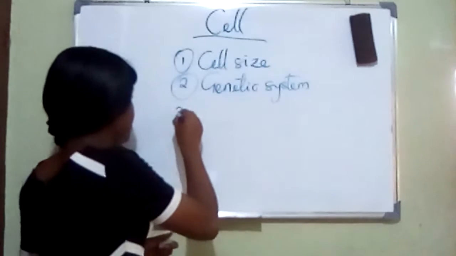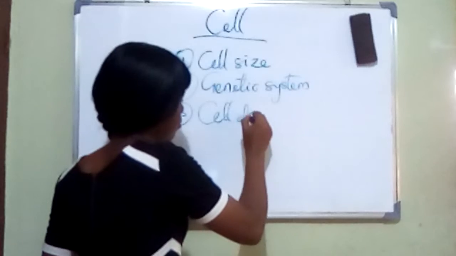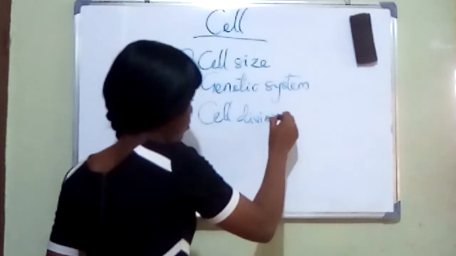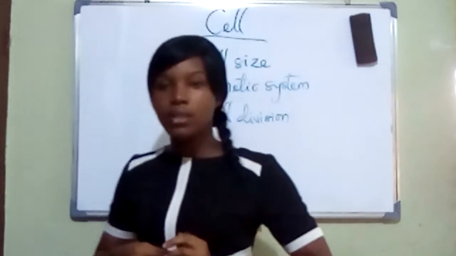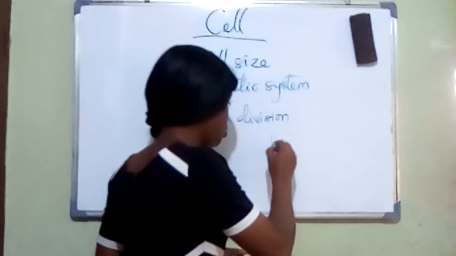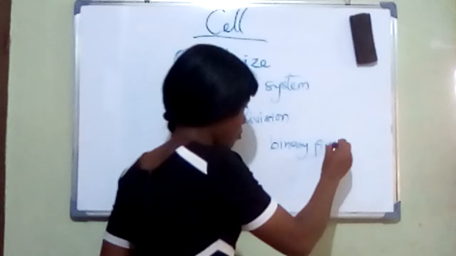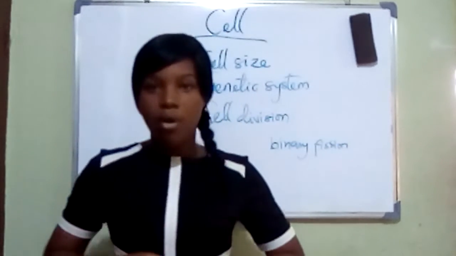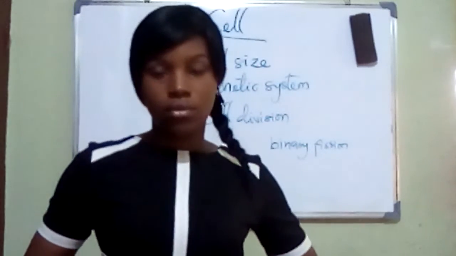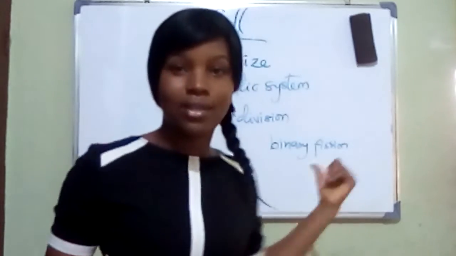Now the third characteristic, cell division. Prokaryotic cells divide basically by binary fission. It's a form of asexual reproduction, that is to say that different gametes do not fuse in this kind of reproduction.